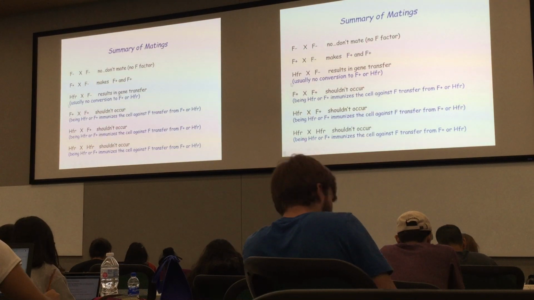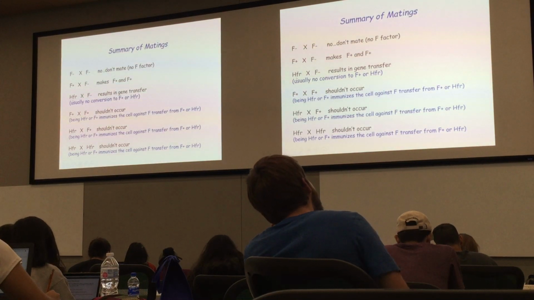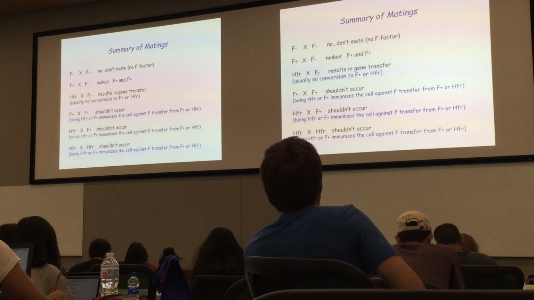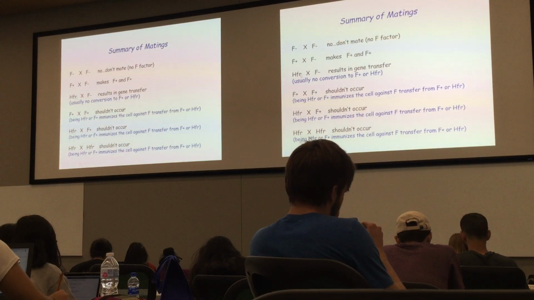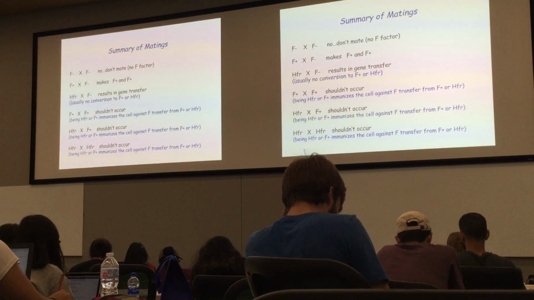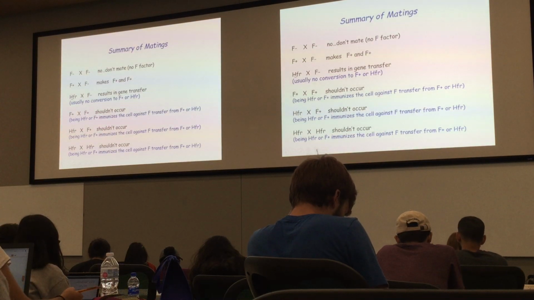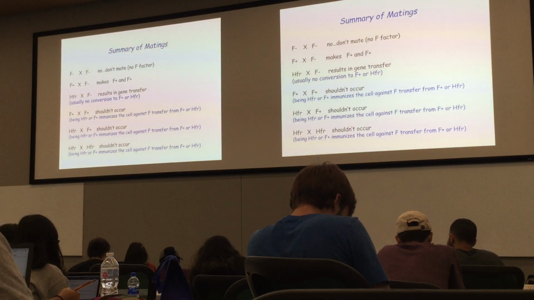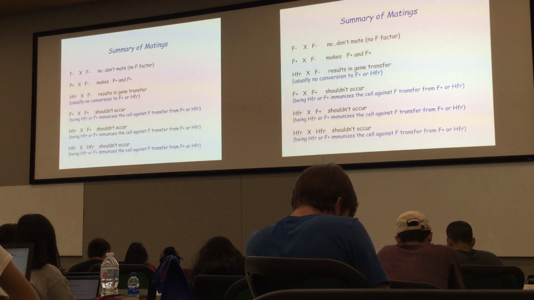so that's the output of F plus times F minus. HFR strain times F minus, this mating is allowed. The F factor is integrated into the host DNA, but it still encodes all of the proteins necessary to make the bridge and so forth. So we can have an HFR times F minus mating.